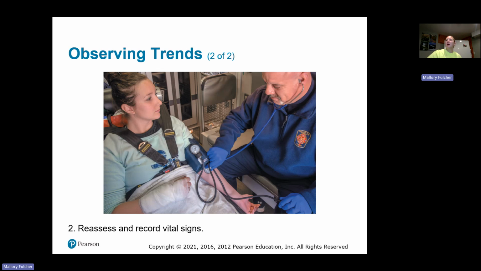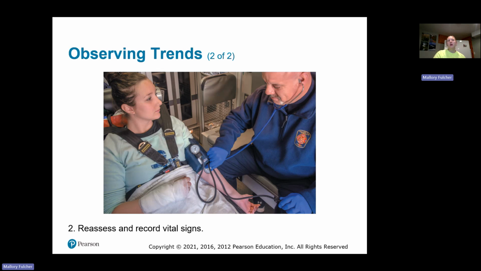Observing trends we did talk about already, but just keeping track of where those vital signs are at and what they're doing. Small amounts of fluctuation is normal, right? Your blood pressure, if you take it 1 minute versus 5 minutes later, it's probably not going to be the exact same, especially since we're humans and there's going to be some room for error, but it should be pretty similar, right? 2 to 5 points is pretty standard deviation.